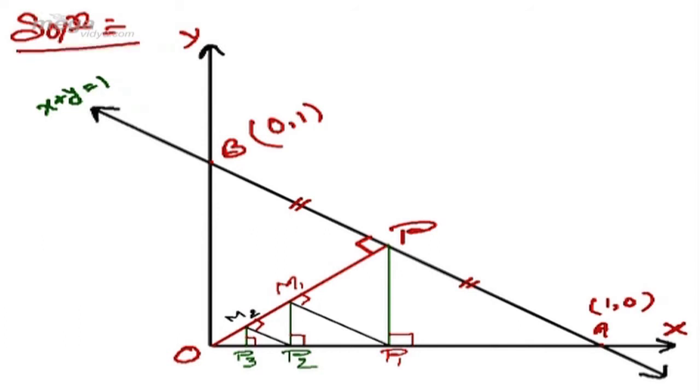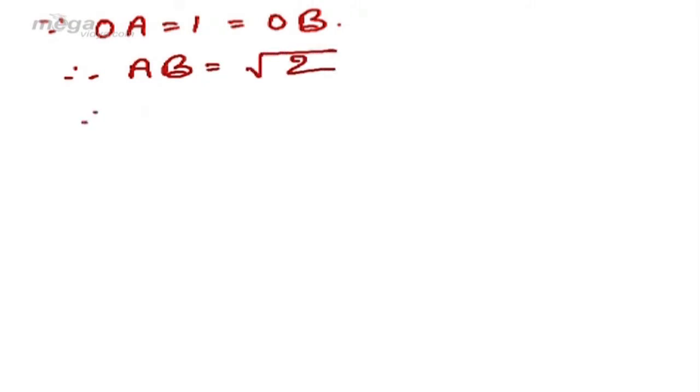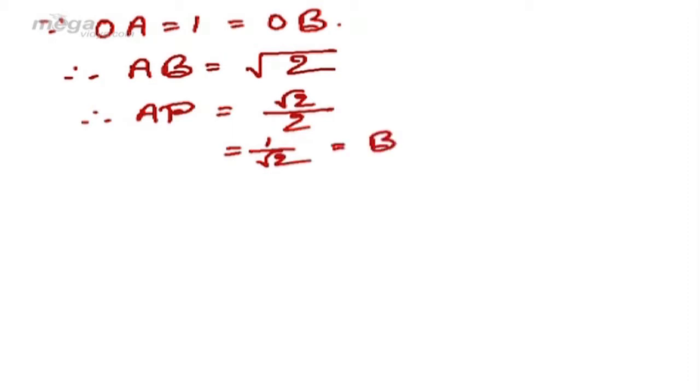So student, first of all we will find the relation between all of these sides, OP3, OP2, OP1, etc. For this purpose, it is given that OA equals 1, which is also the same as OB. So AB, using the Pythagoras theorem, is root 2. So AP is root 2 by 2, which is 1 by root 2, the same as BP as well as OP. So you get OP equal to 1 upon root 2.